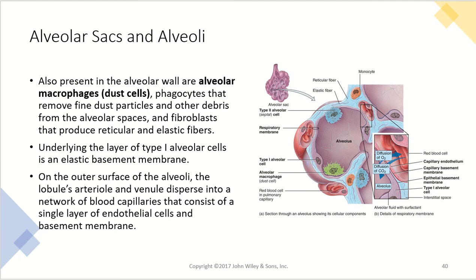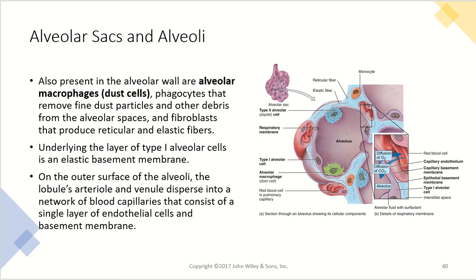Also present in those little alveolar walls are alveolar macrophages. These are also called dust cells, and these are going to be phagocytic cells that are going to be responsible for removing any kind of fine dust particles or other debris from that alveolar space. And there are also going to be fibroblasts present that are going to be responsible for producing reticular and elastic fibers.